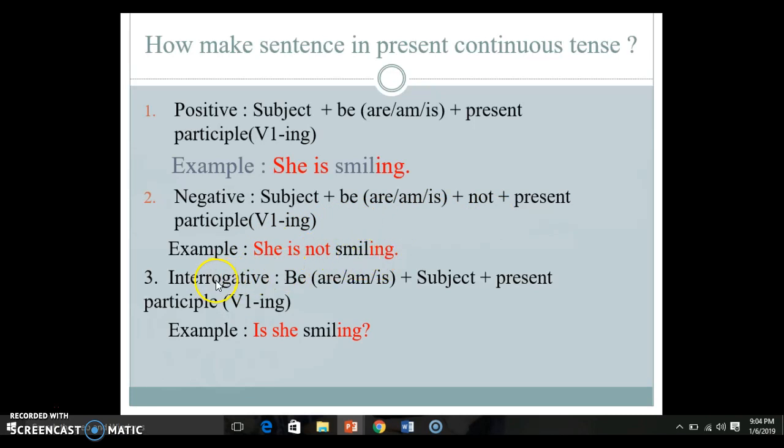And for the interrogative sentence, the formula is be (are, am, or is) plus subject plus present participle or verb 1ing. For example, is she smiling? Is is be, she is subject, and smiling is the verb participle.